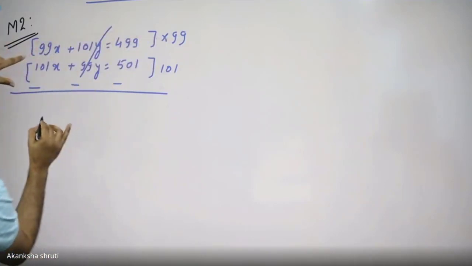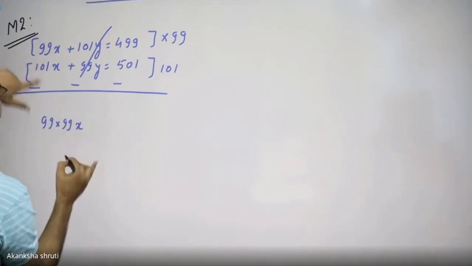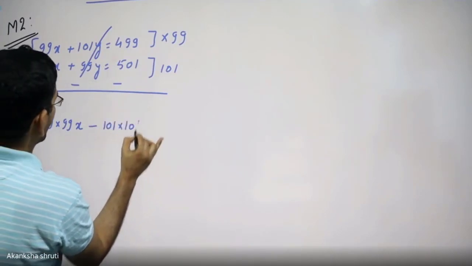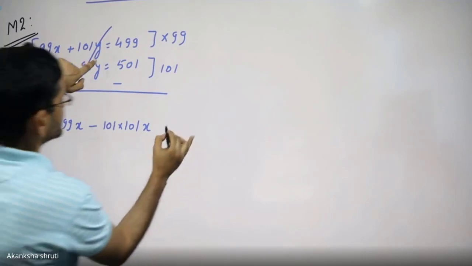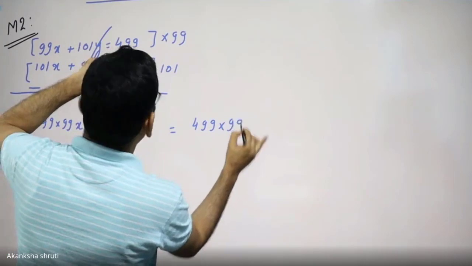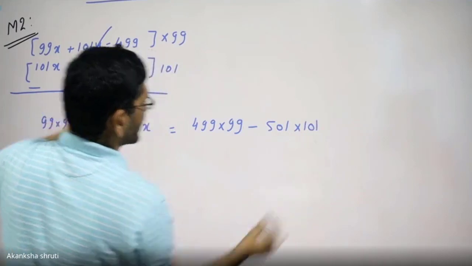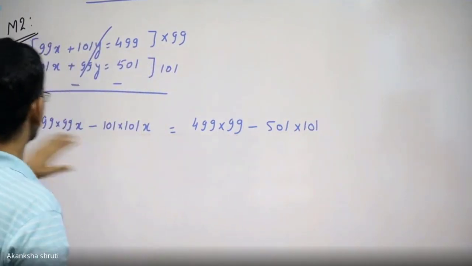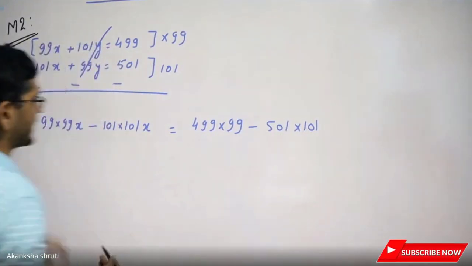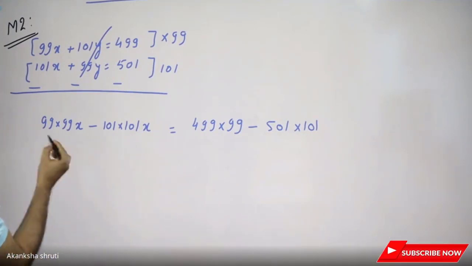But the first equation is our 99 into 99 of x minus 101 into 101 of x is equals to, on right hand side we have 499 into 99 minus 501 into 101. See how good is your equation. Though x can be calculated here, but are you getting which kind of calculation you need to do? So is it good? Hope you might be enjoying.